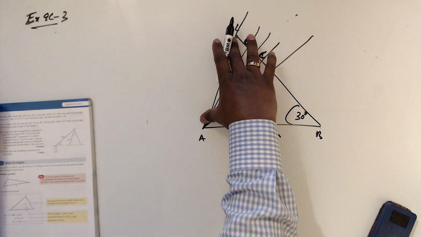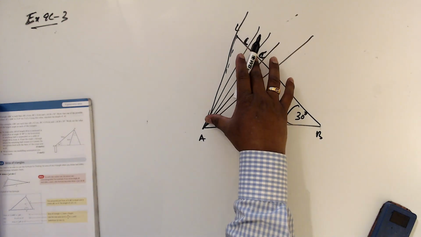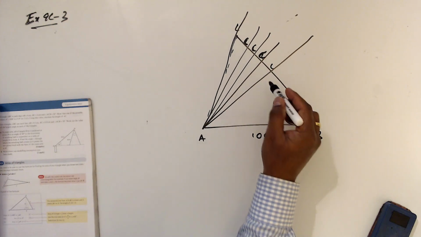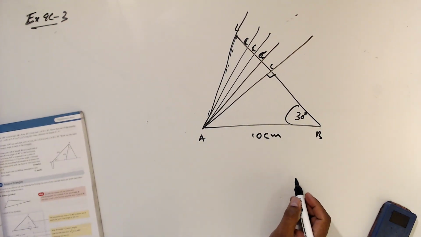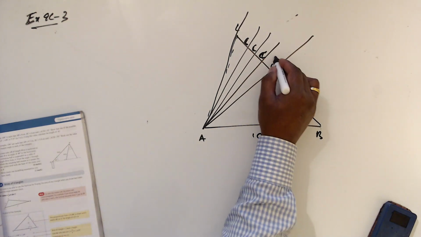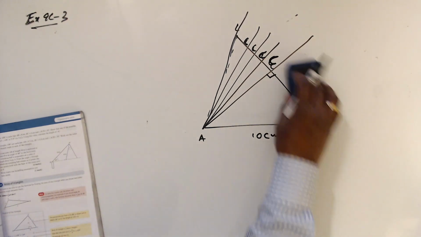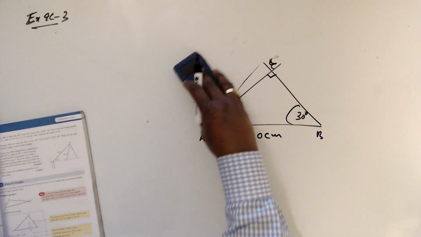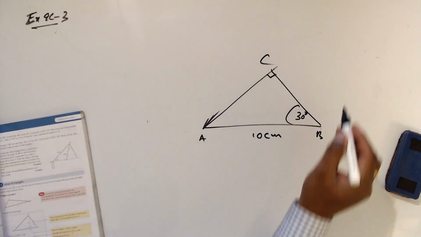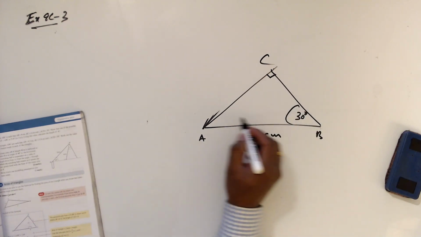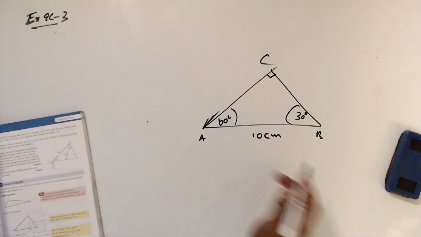So this is bigger than this one, this is bigger than this one, but this is the least when you get 90 degrees. So now this is the required C according to question 1. It means it's going to be 90 degrees, then this is 90, 30, this is 60.